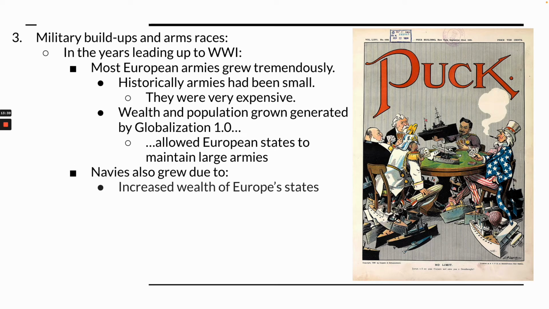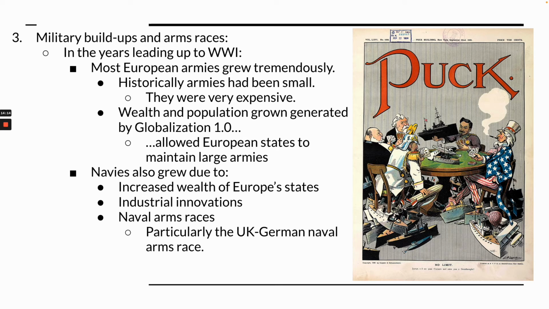Navies also get a lot bigger. Again, this is down to money. European states get wealthier. The wealthiest ones build big navies. And it's kind of symbolized by this cartoon from the magazine Puck in 1909. And as you see, lots of countries are involved. The United States has a very small army, but is building a navy in this period of time. We want to be like the Brits. The Brits are in it, right? Japan is in it, but as we'll see, Germany and Japan are the two main participants, right?